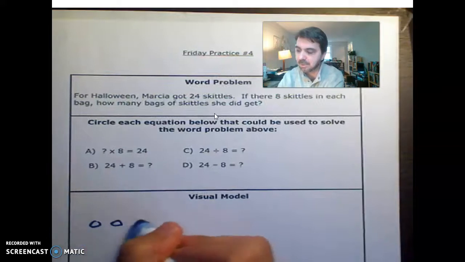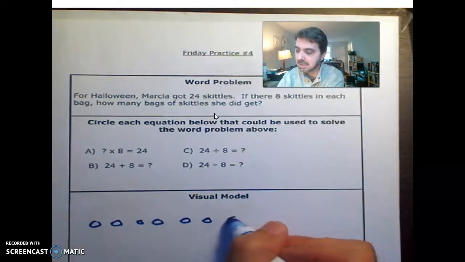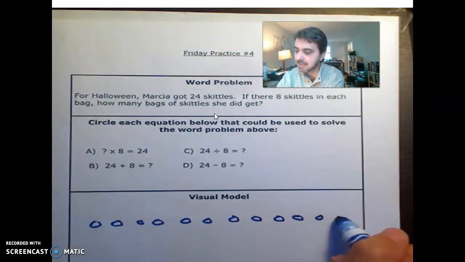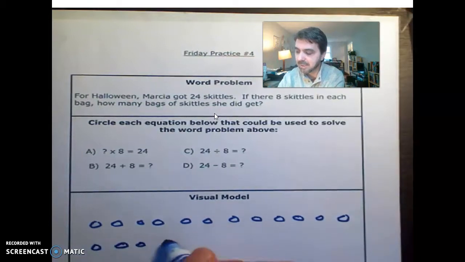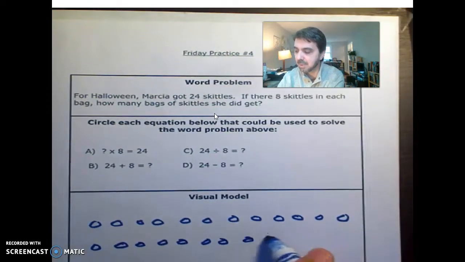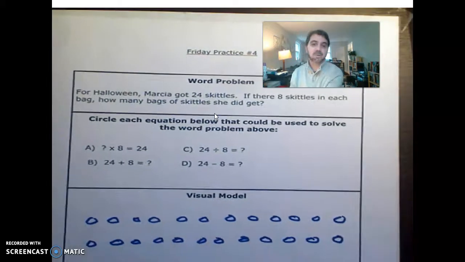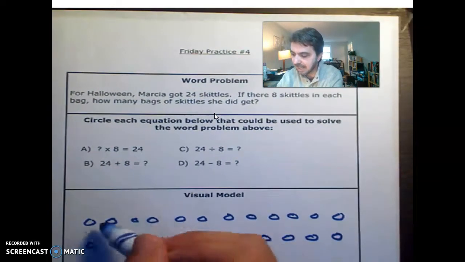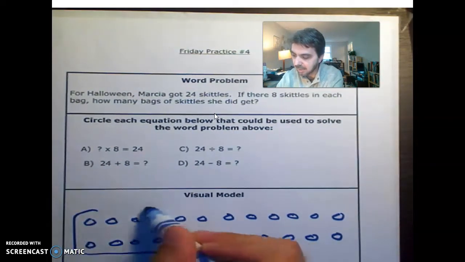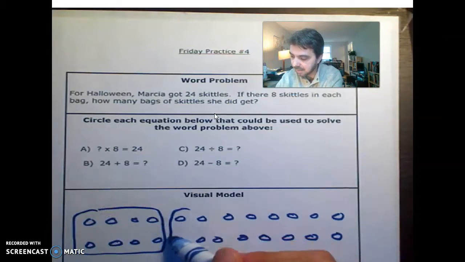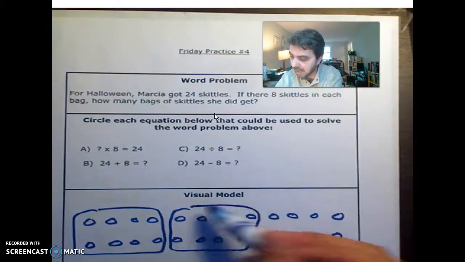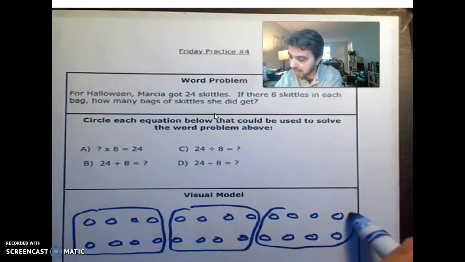She got 1, 2, 3, 4, 5, 6, 7, 8, 9, 10, 11, 12, 13, 14, 15, 16, 17, 18, 19, 20, 21, 22, 23, 24 Skittles. If there are 8 Skittles in each bag, so there's a bag, a bag, and a bag.